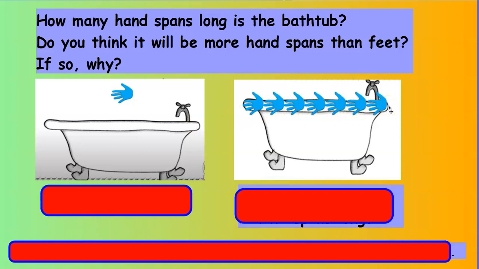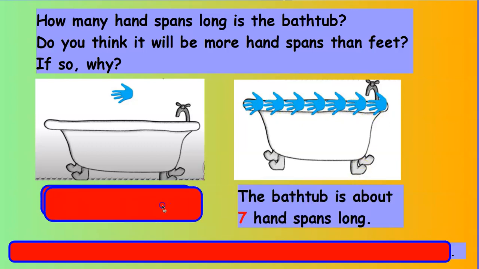How long is it? And how will you say it in a sentence? This bathtub is about 7 handspans. All right, so you record your answer like this: the bathtub is about 7 handspans long. Do you understand?